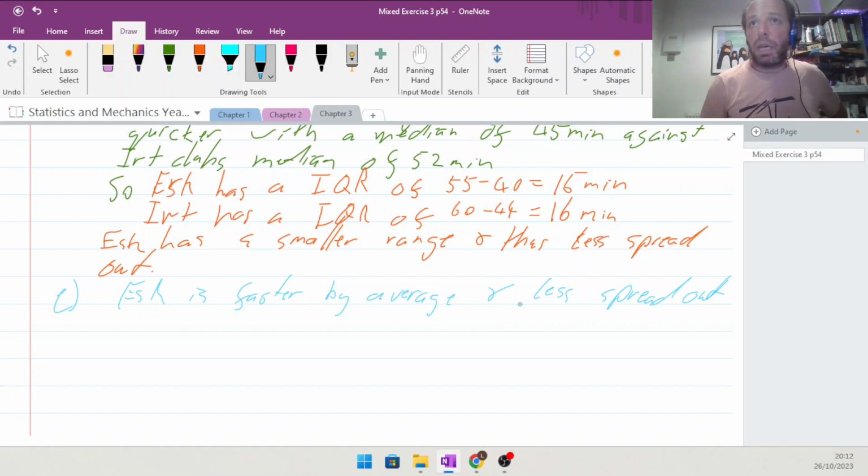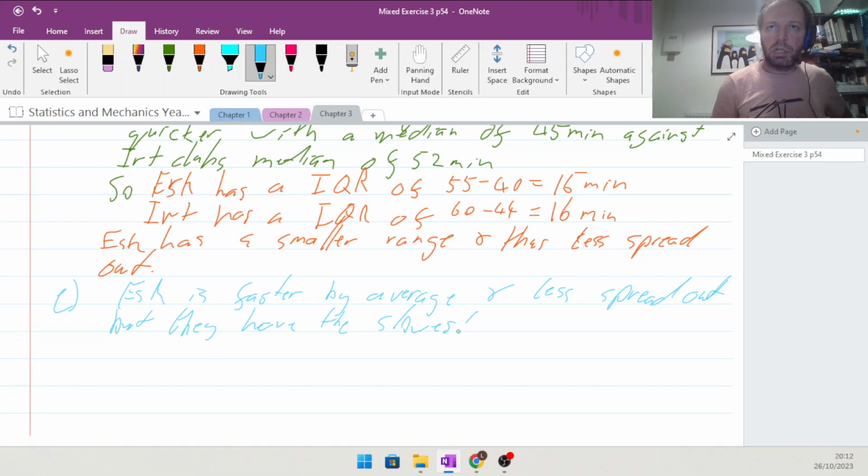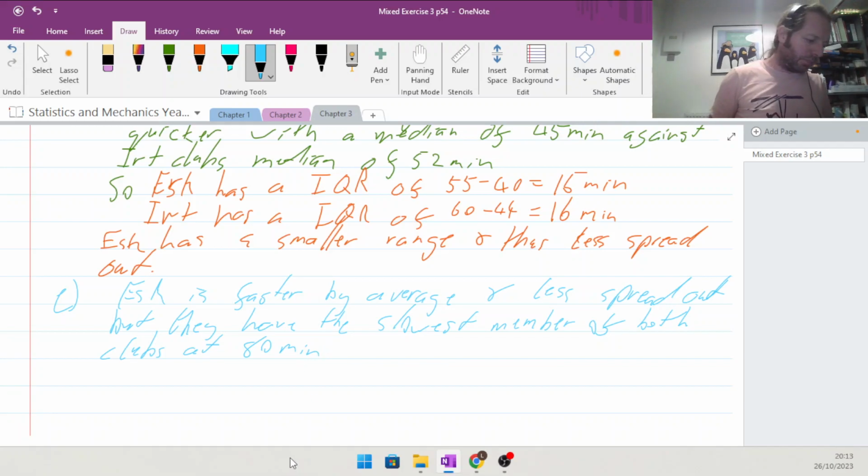But they have the slowest member of both clubs at 80 minutes. But one person doesn't change it. It might skew their average in terms of a mean, but not the median.